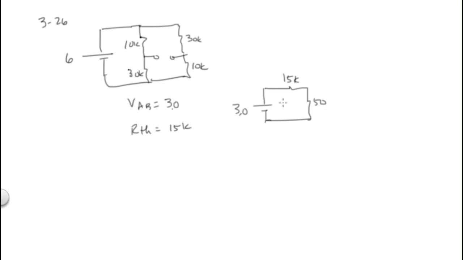We add a little bit of resistance, so it's 3.0 divided by 15,050, and that's equal to what? 1.993 milliamps.